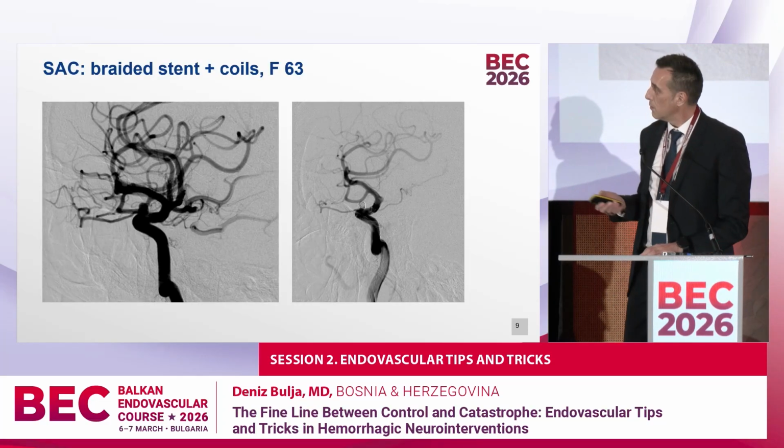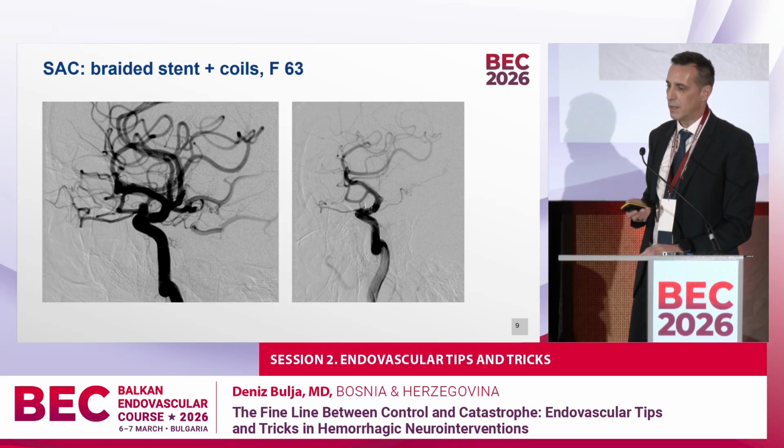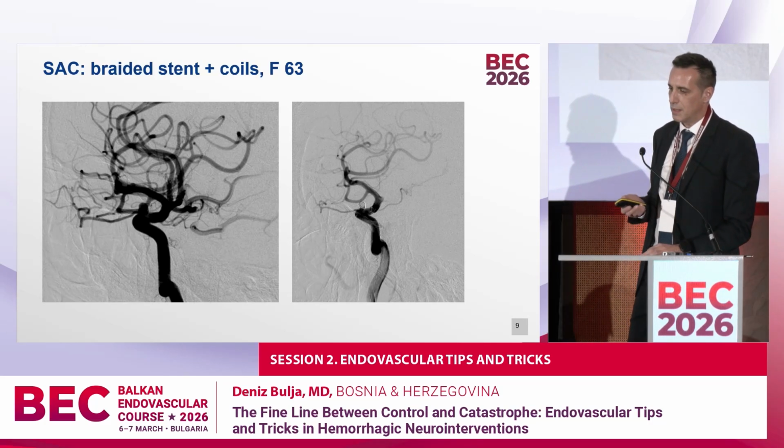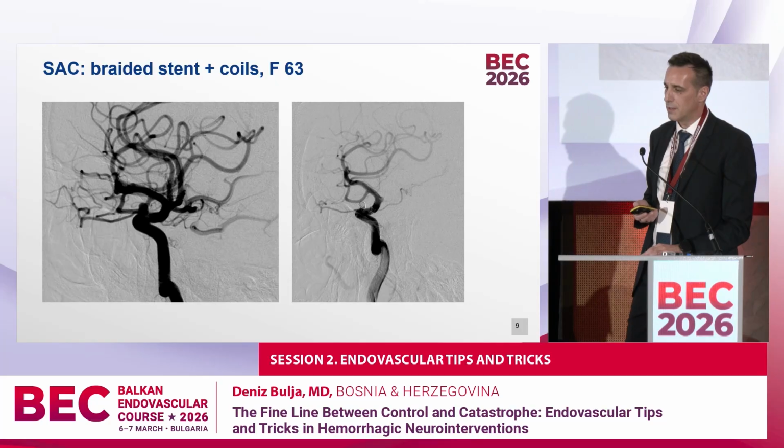So I'm going to jump into some of my cases. This case was performed in 2016 under the supervision of the experts who came. In this case, we did stent-assisted coiling of a small ICA aneurysm.